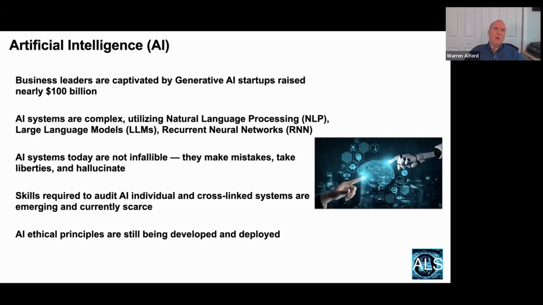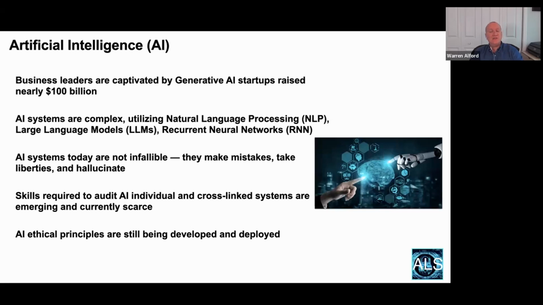And that's the whole point of AI. Business leaders are very interested in this technology. They're starting to develop it and roll it out. They see what the capabilities of AI are, and they're putting their money where their mouth is, so to speak.